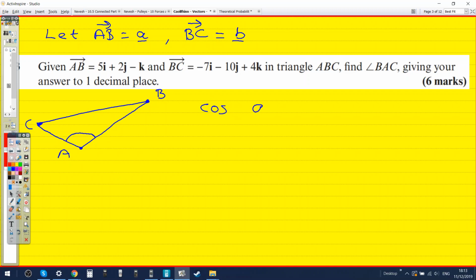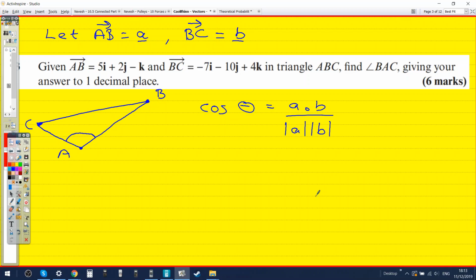Vectors, if you work it out, you get this simplified thing. Cos theta is equal to A dot B over the magnitude of A times the magnitude of B. But that is for B to A to C.